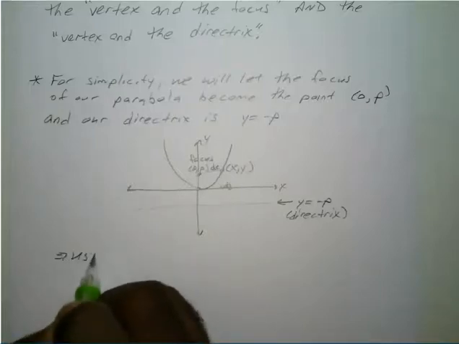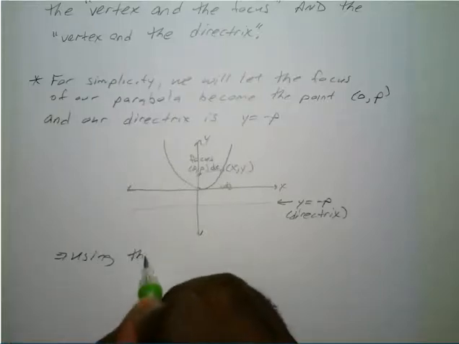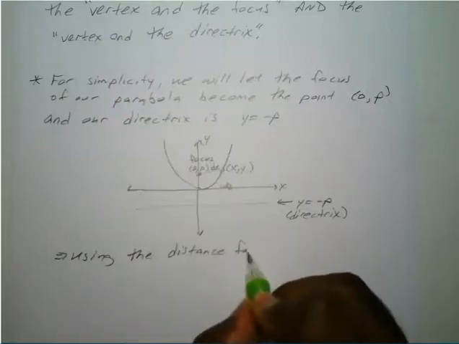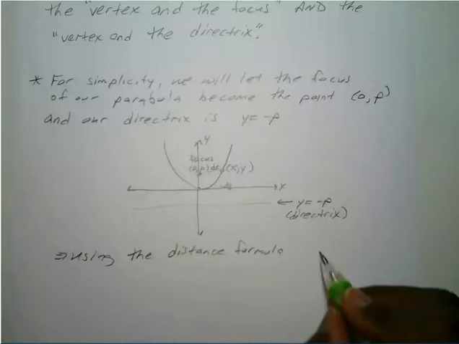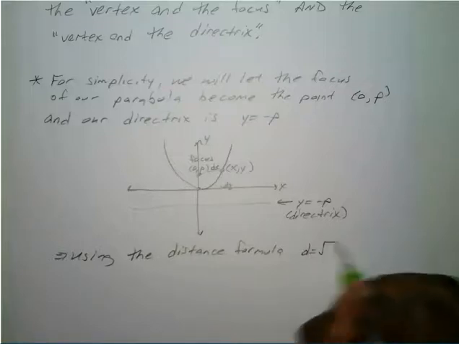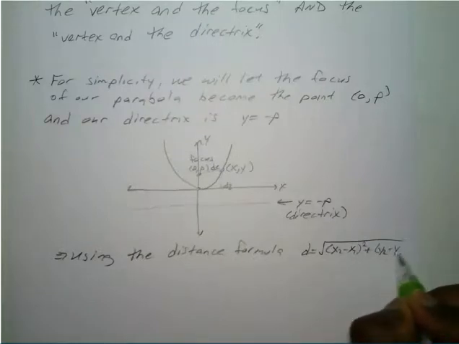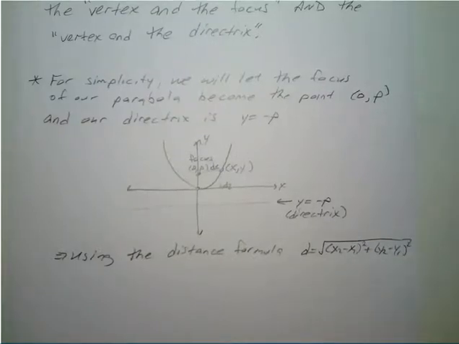Using the distance formula, d equals the square root of (x2 minus x1) squared plus (y2 minus y1) squared.